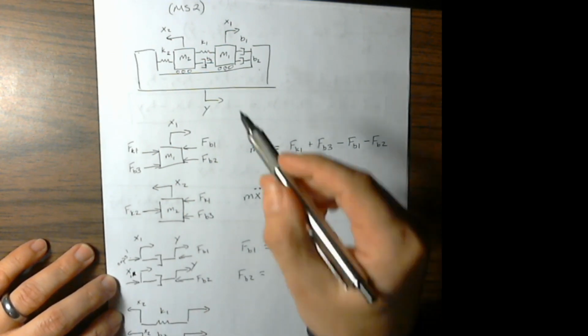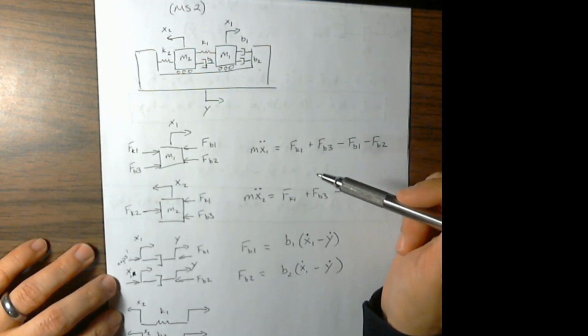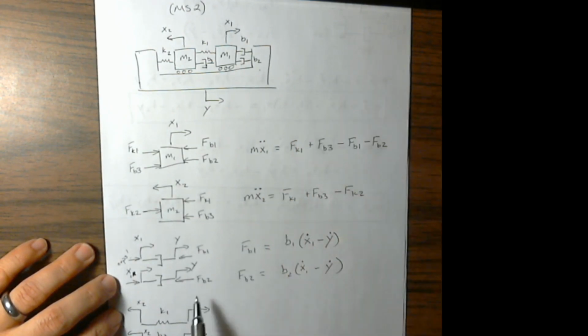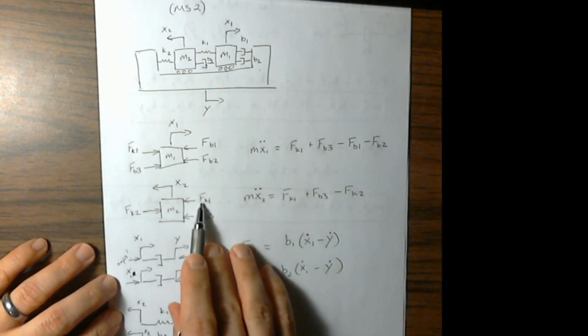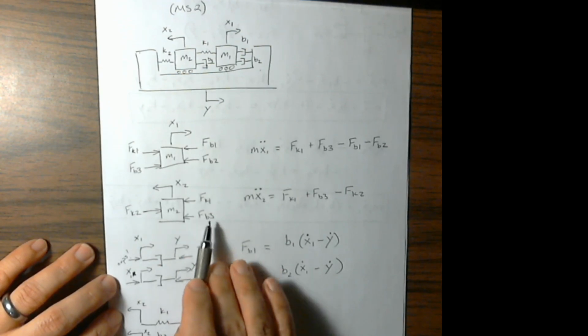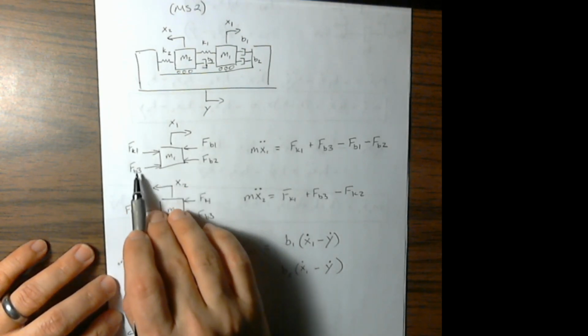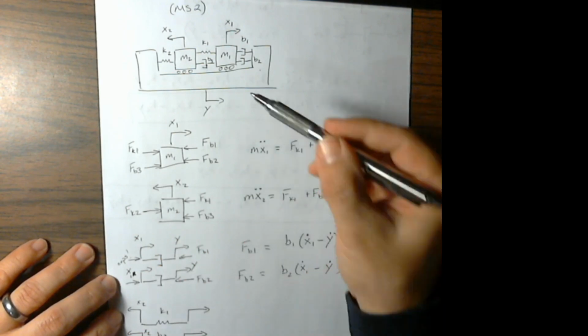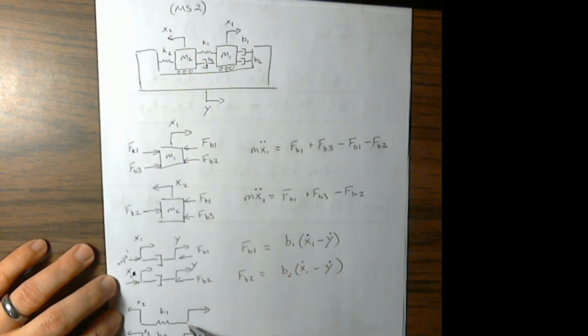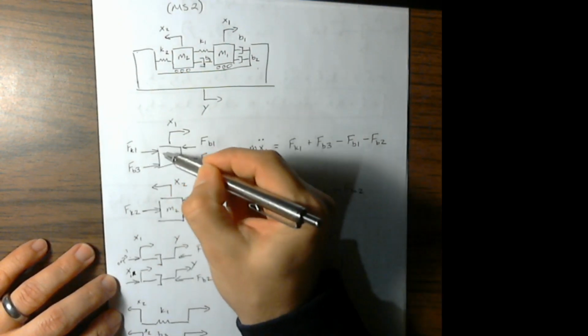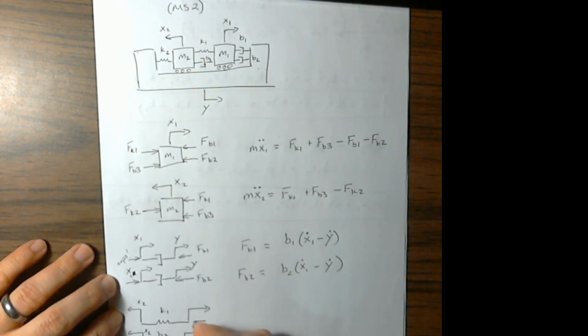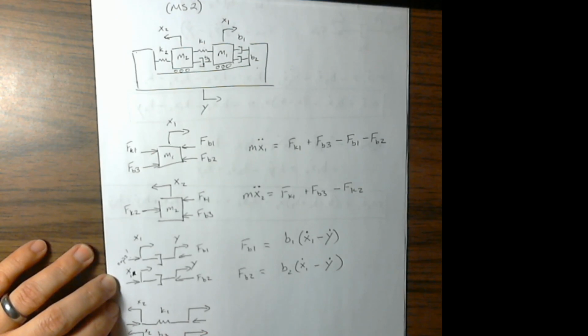Okay. All right. The forces involved. So FK1 and FB3, we need to be consistent with those. So at mass 1 connects right here. Mass 1, the force is pointing to the right, so here they're going to be pointing to the left. Well, then the forces must be doing this.